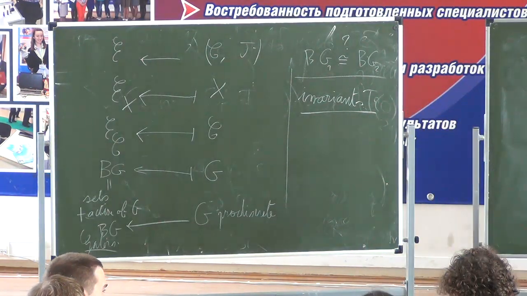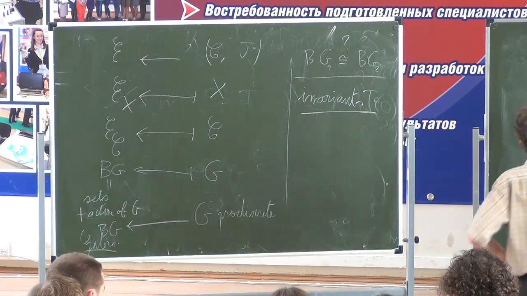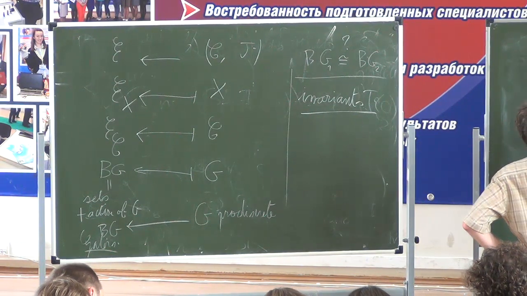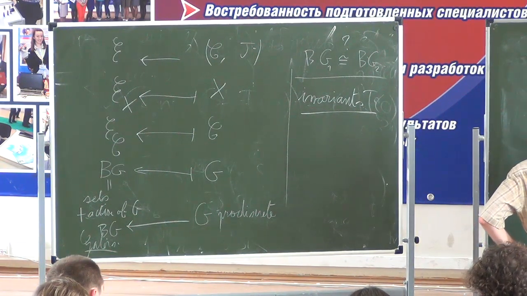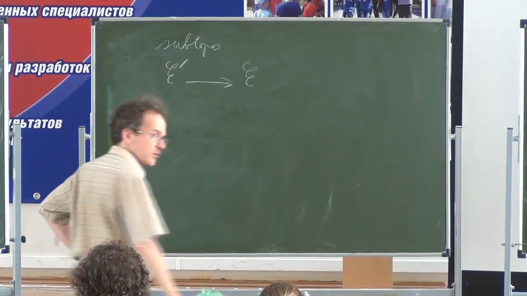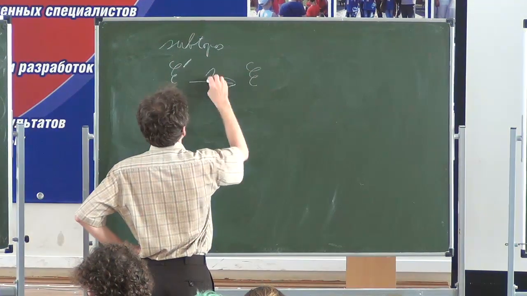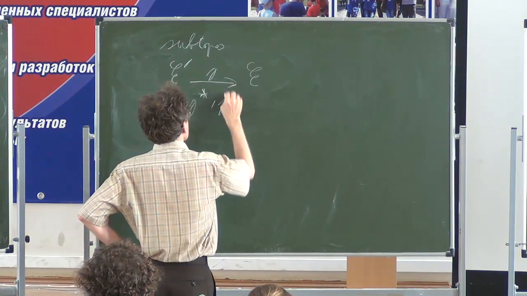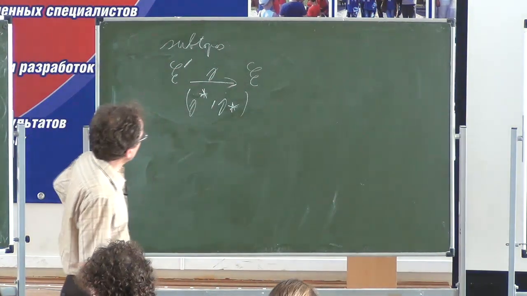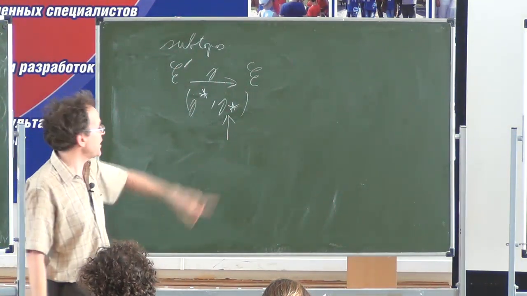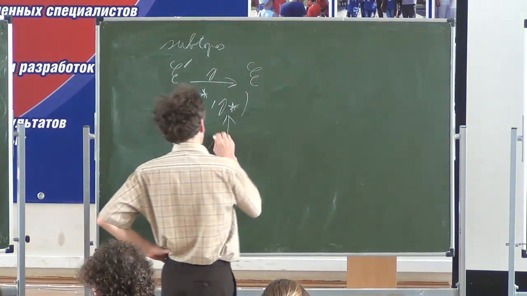Yesterday, we also introduced the notion of subtopos of a topos. So I remind you that if we have a topos E, what is a subtopos? It is another topos, E prime, together with a morphism J. I remind you that a morphism of toposes consists of two functors, and you call that a subtopos when the direct image part of the morphism is fully faithful.